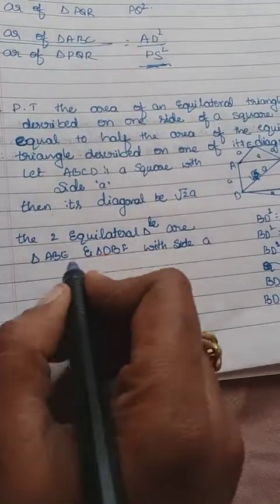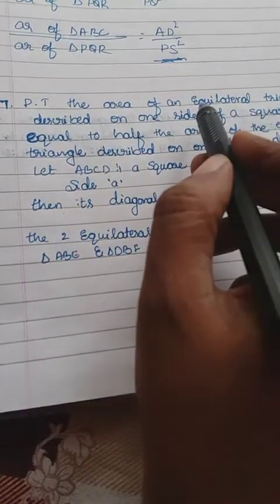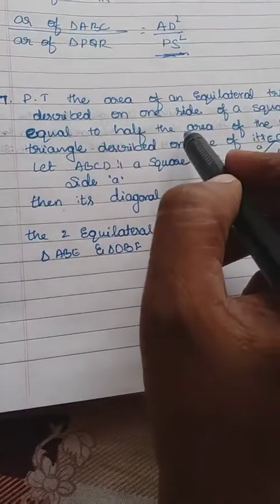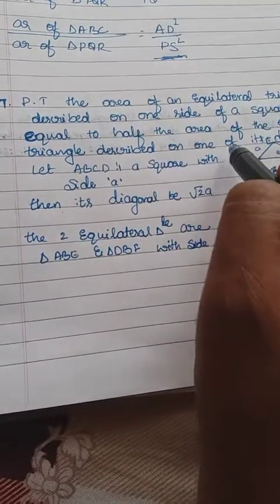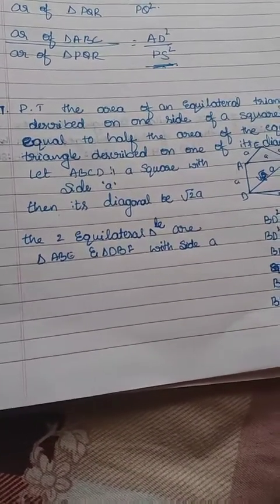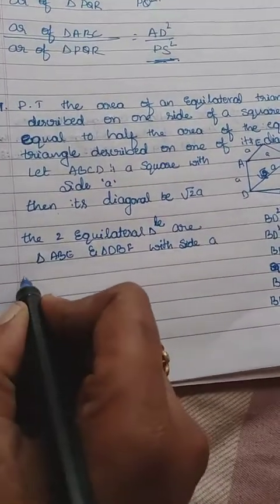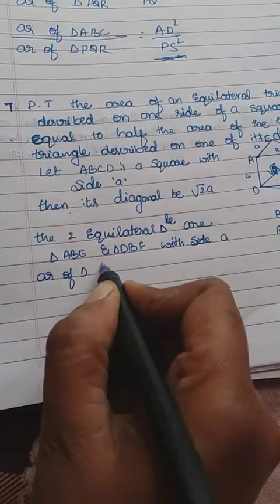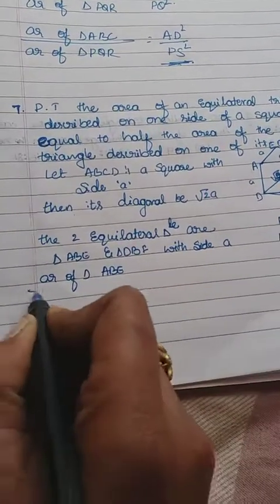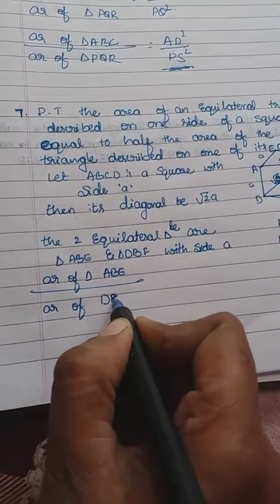So that's why we have to take this area. We want to prove that the area of the triangle on one side of the square is half of the area of the equilateral triangle described on its diagonal. So let us take the area of triangle ABE divided by the area of triangle DBF.